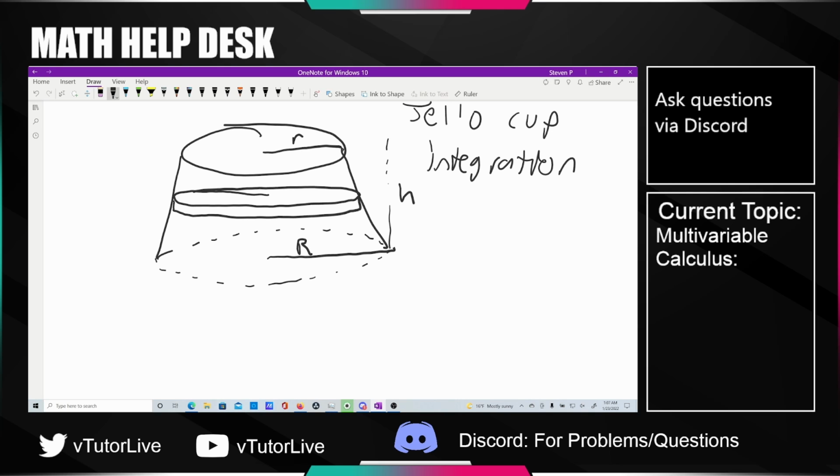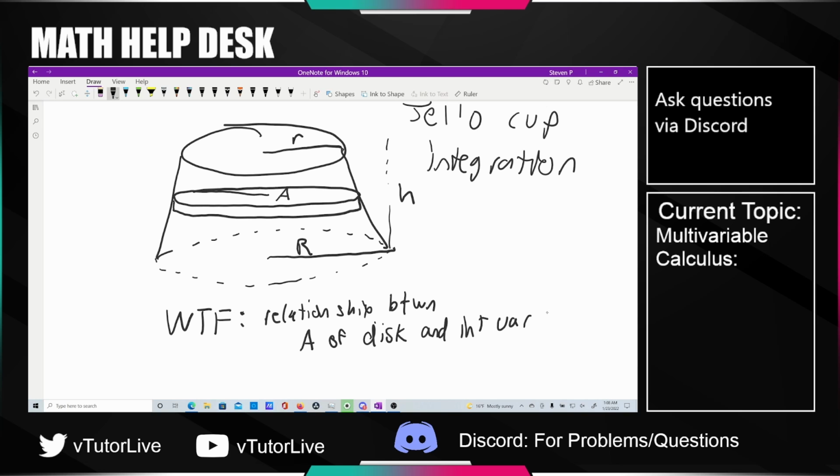But the hard thing for this problem is figuring out a good relationship between the area of the circle, the area of the base of the cylinder. So what we need to do is find a relationship, which kind of means a function, between the area of the differential cylinder, or I'll call it the disk maybe, and our integration variable.